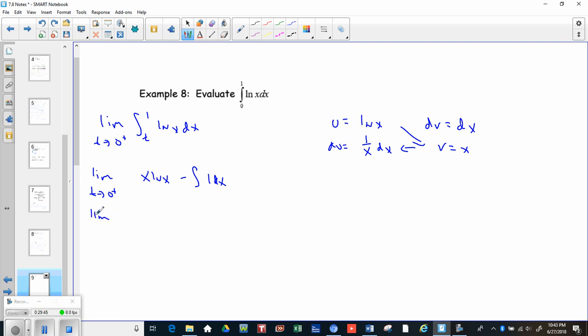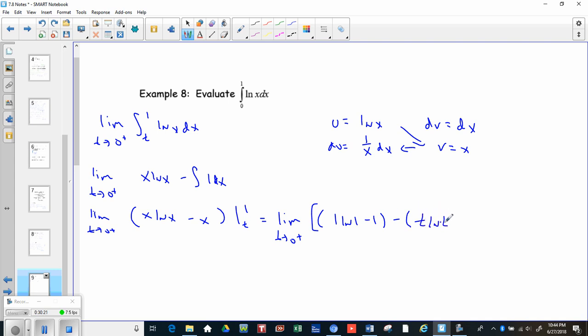So I can take the limit as t approaches 0 from the right of x ln x. The antiderivative here is just x, and we'll evaluate that from t to 1. So plugging this stuff in, plugging in 1, I get 1 ln of 1 minus 1, minus, plugging in t, we get t ln of t minus t.